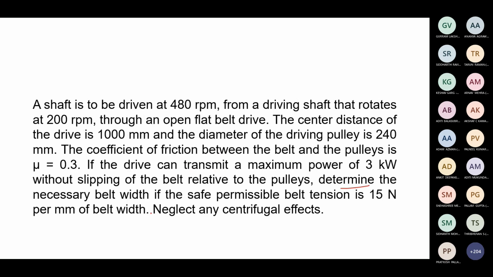Determine the necessary belt width if safe permissible belt tension is 15 Newton per mm of belt width. So what is the equation for width? T1 divided by the per mm value, the safe permissible belt tension, the maximum allowable tension, that is 15 Newton per mm.